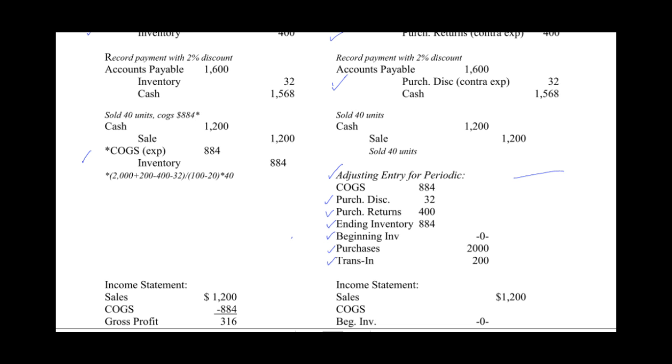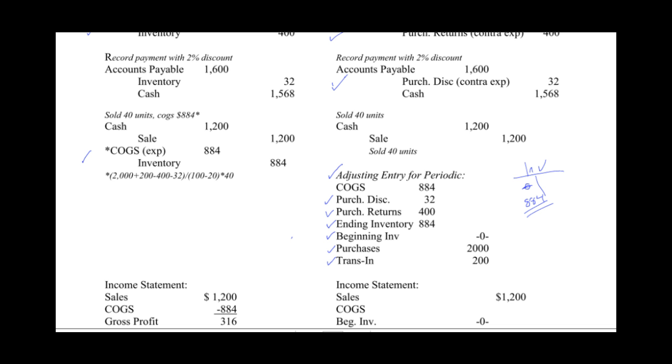And notice the only thing that runs through the inventory account on this method is it was at 0. It got set up for 884, and at the end of the period it's at 884, exactly where it was on the perpetual system.